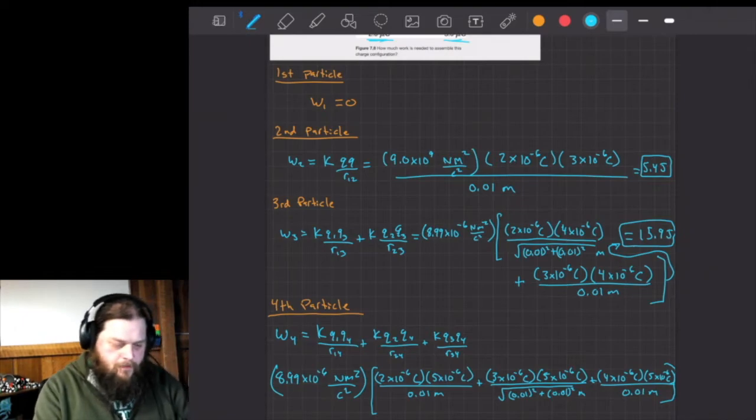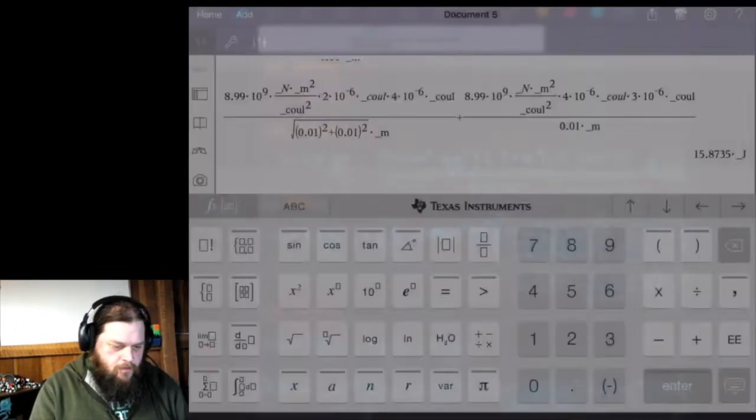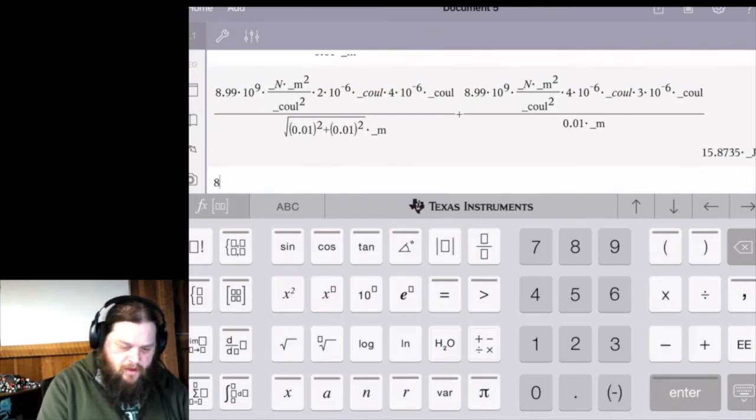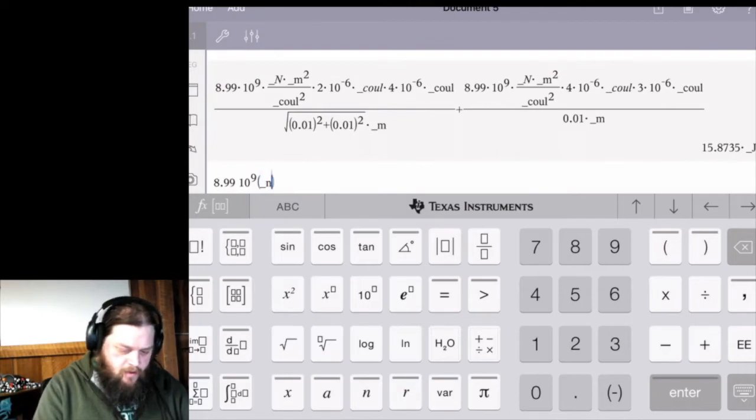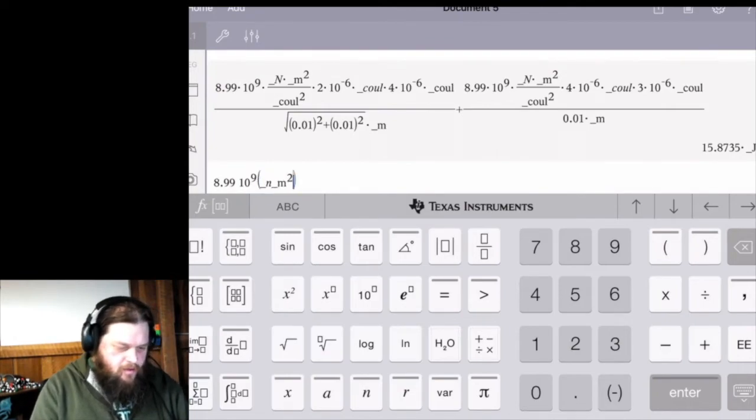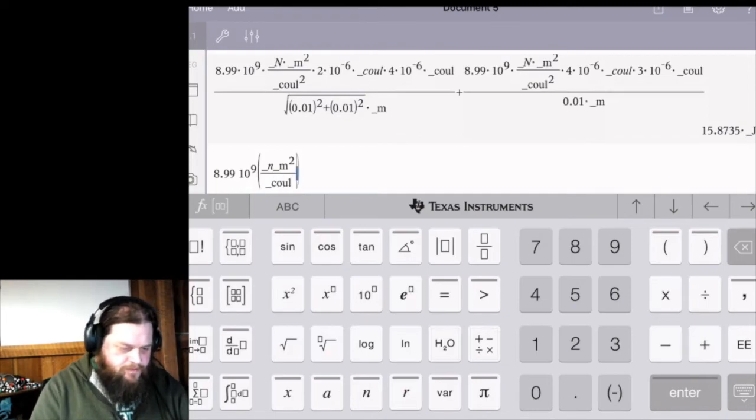So, if I say now 8.99 times 10 to the 9th power in Newton meter squared per coulomb squared, we're going to multiply that whole thing by charge 1, 2 times 10 to the negative 6 coulomb, times charge 4, 5 times 10 to the negative 6 coulomb.